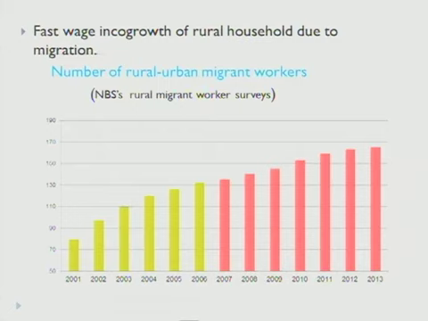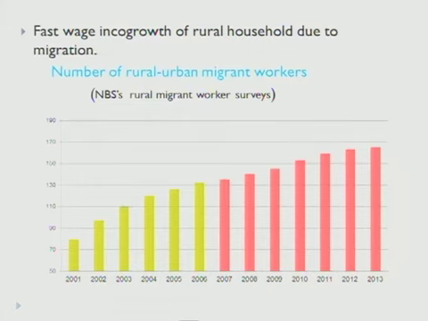Rural migrants move into urban areas, get employed, and live in urban areas. The number of rural-urban migrant workers has increased since 2001. Nowadays, around 200 million rural migrants live in urban areas. It is quite a large number of migrants.